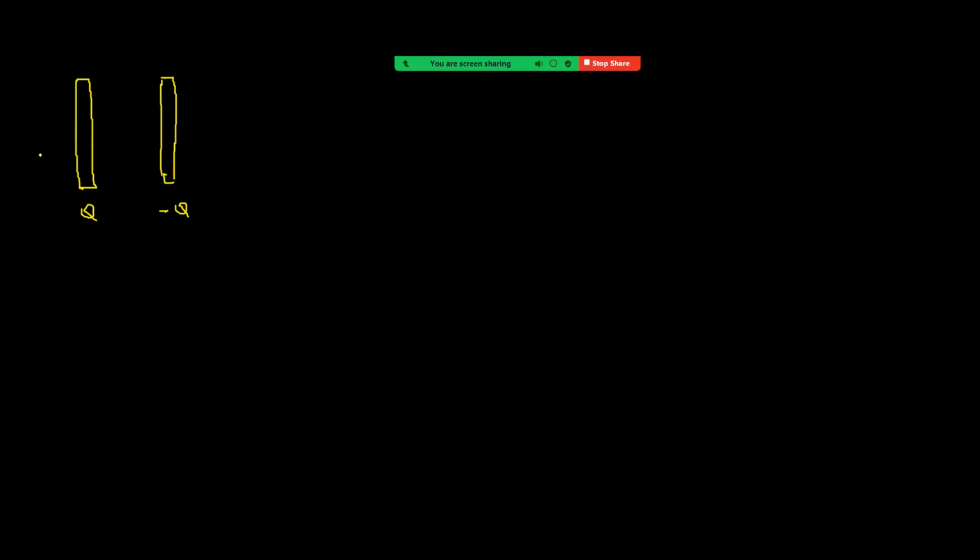Therefore, on the outer faces the charge will be 0. Coming to the inner faces, Q and minus Q. And you can see that between the plates, an electric field is there. In the process of charging these plates, work is done.